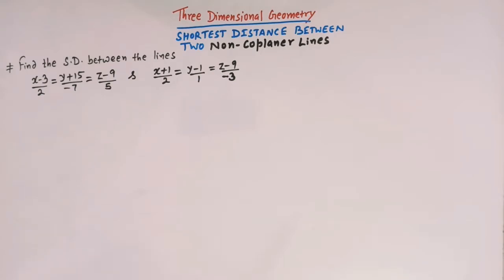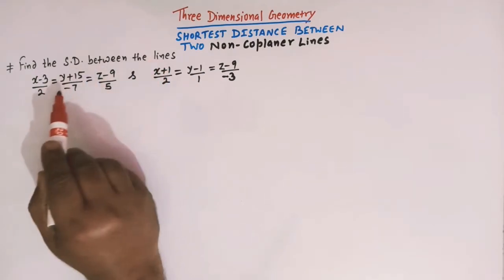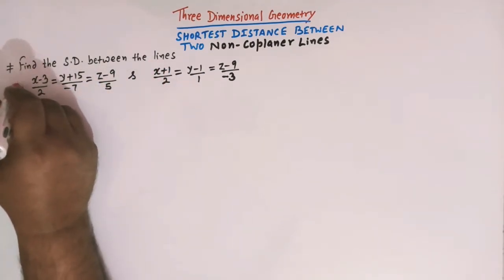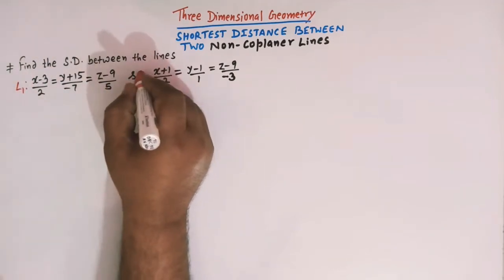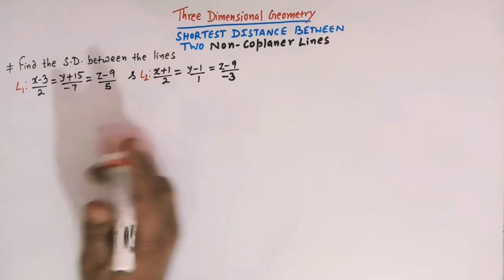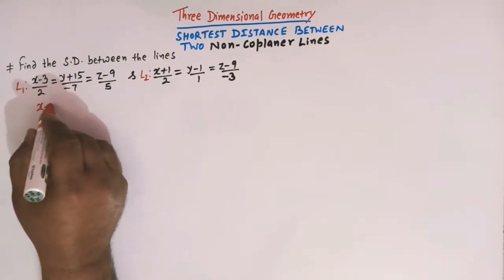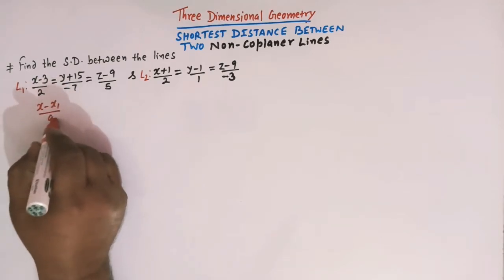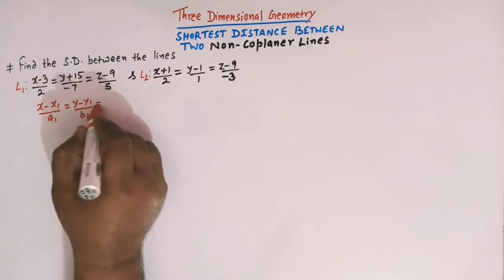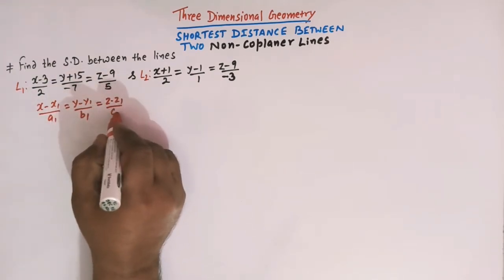So let us start. Here we have to find the shortest distance between these two lines. Let us call this line L1 and this line L2, right? These two lines are given in this form: (x minus x1) over a1, (y minus y1) over b1, and (z minus z1) over c1.